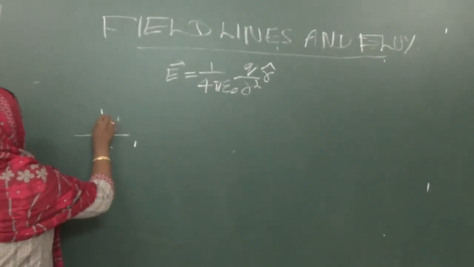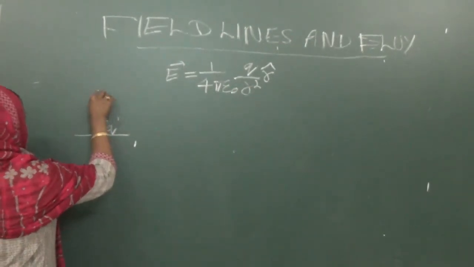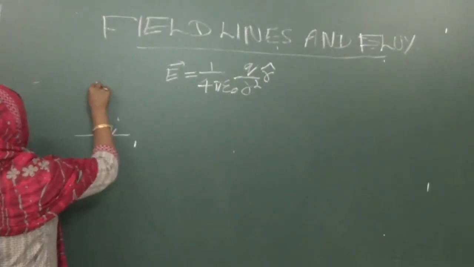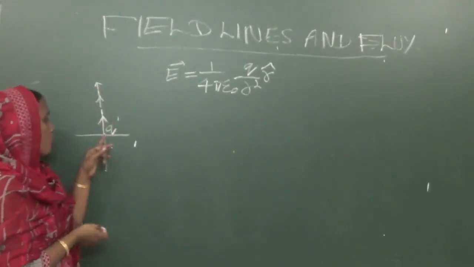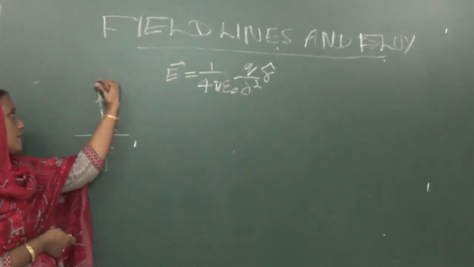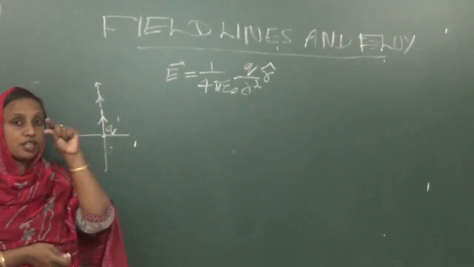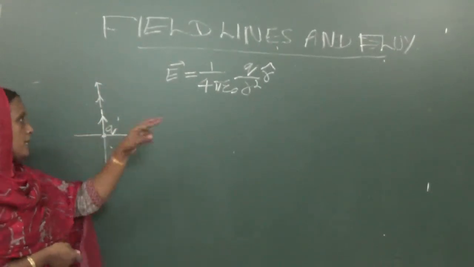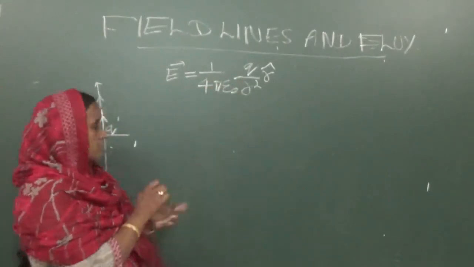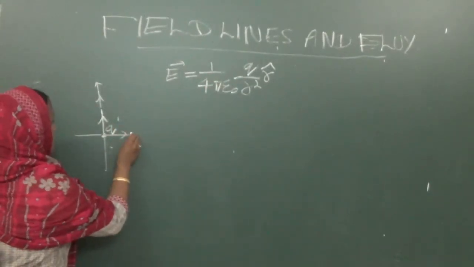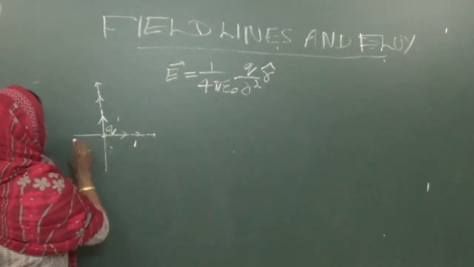So, we can assume a field like this, pointing radially outward. As it moves away from this charge, its length gets reduced, just showing that its magnitude reduces. Similarly, you can draw here also.